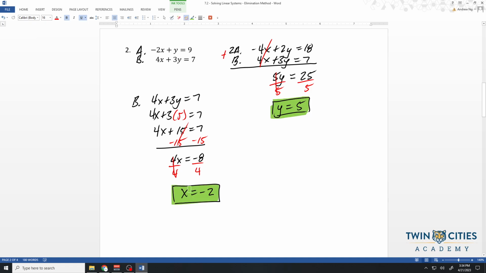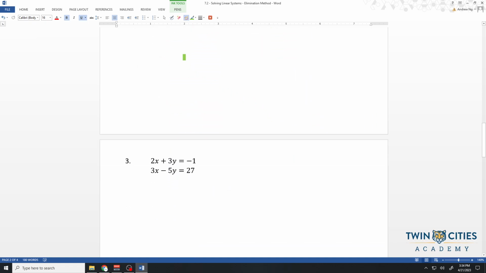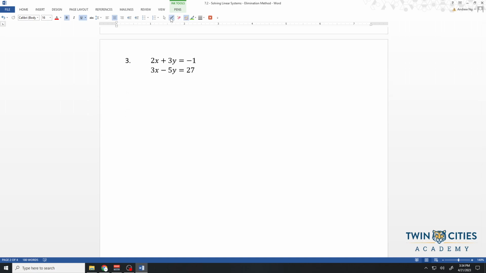All right, let's go to the third example. In this example, I've got 2x plus 3y equals negative 1, and 3x minus 5y equals 27. What's different about this problem than the first two?